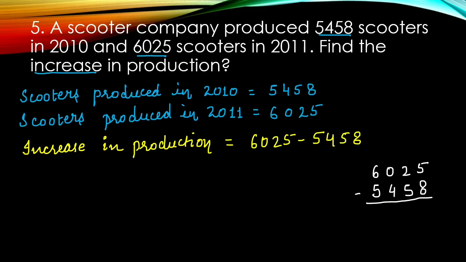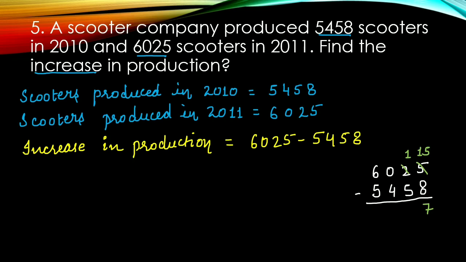So we cannot subtract 8 from 5. Borrow 110 from the tens column. It will be 15. Here 110 is left now. 15 minus 8 is equal to 7. Again we have to subtract 5 from 1, which is not possible. So borrow 1 from the hundreds column, but here in the hundreds column we have 0 at the hundreds place.